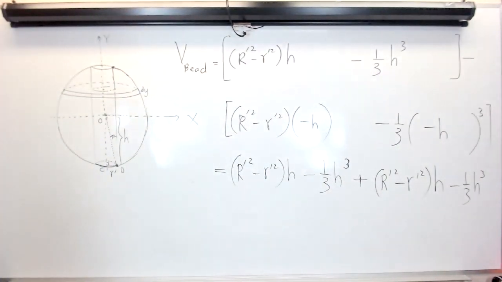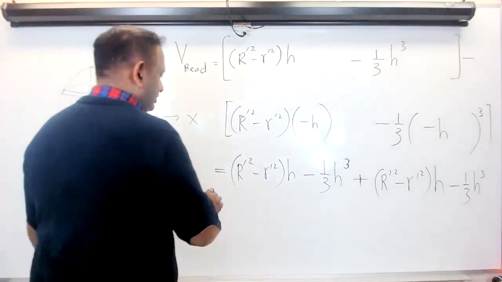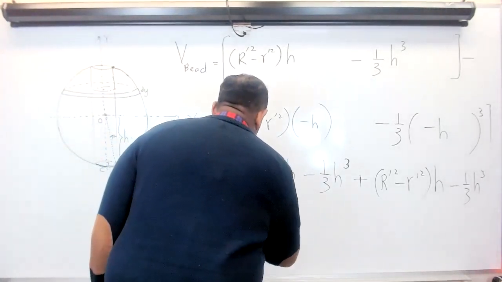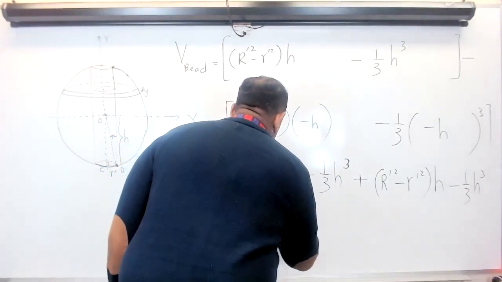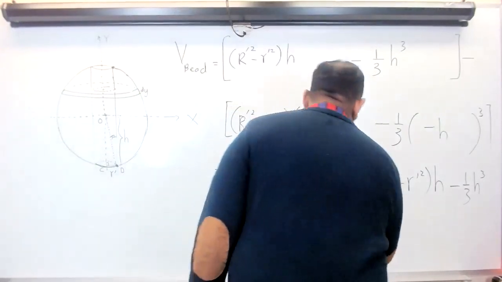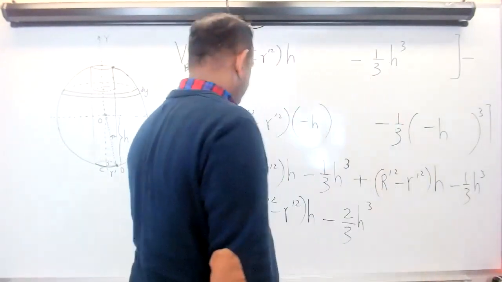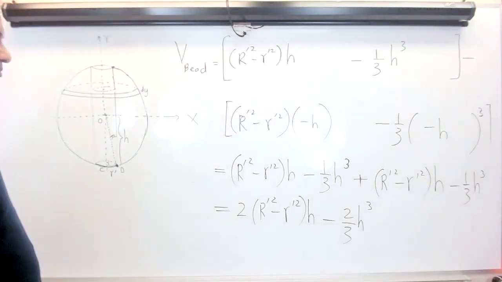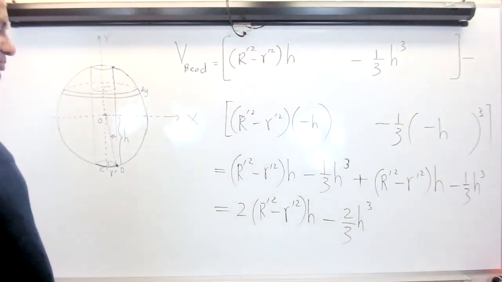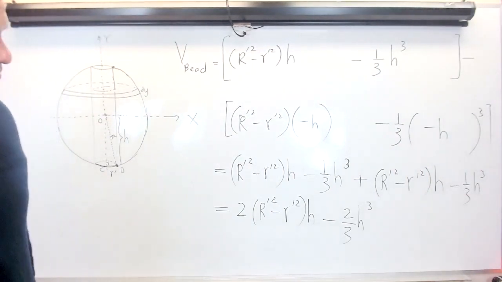So you have minus 1/3 h cubed, r squared, minus, plus plus minus. So here we have 2 times r prime squared h, no? Here 2/3 of h cubed.